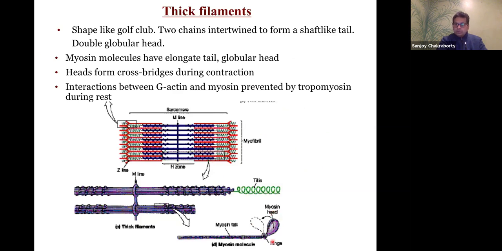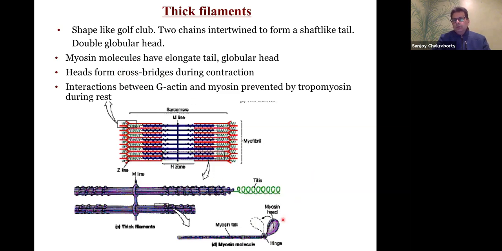What they want to do, they have a tremendous affinity towards the active site of the G-actin. If they bind, they will pull. By the way, this binding between the globular head of the myosin and the active site of the G-actin is called cross-bridge formation. This is the word, cross-bridge formation.